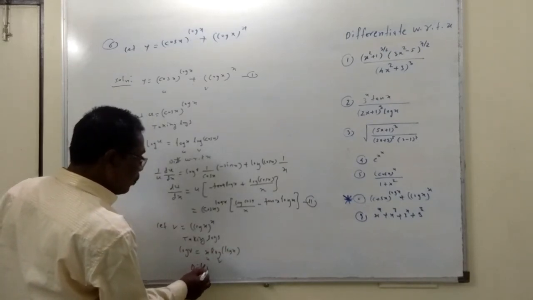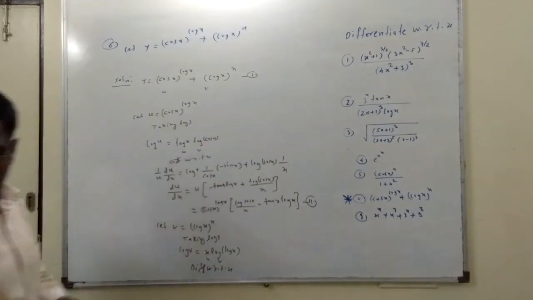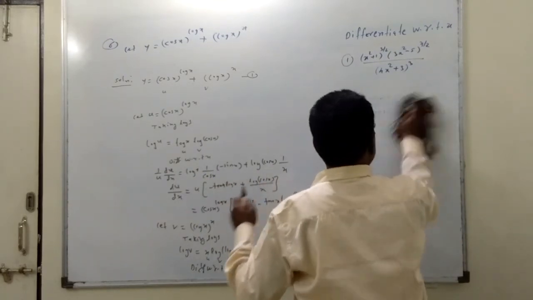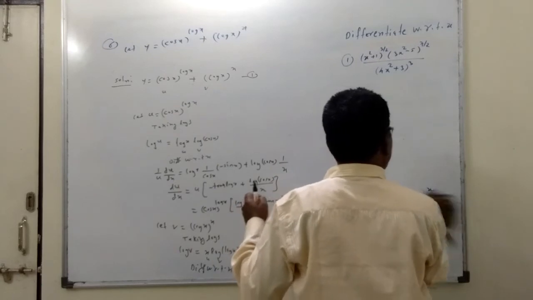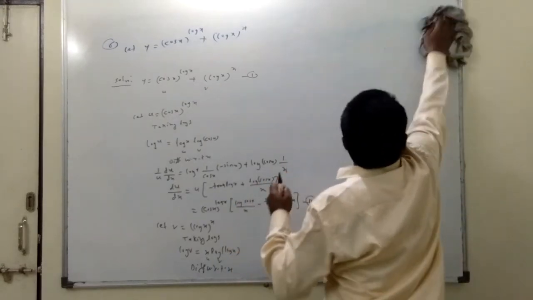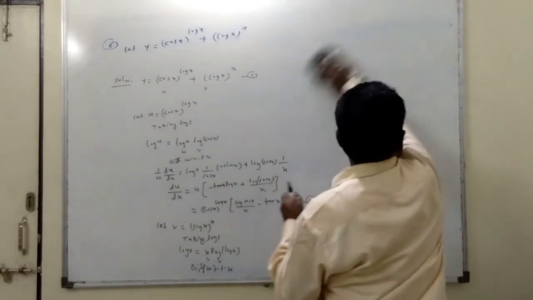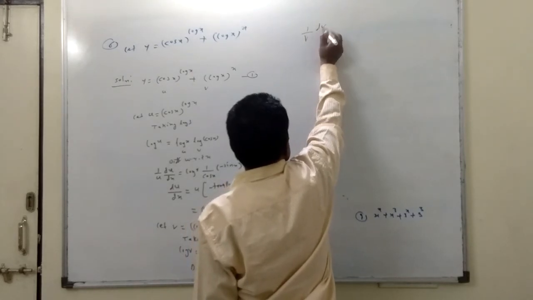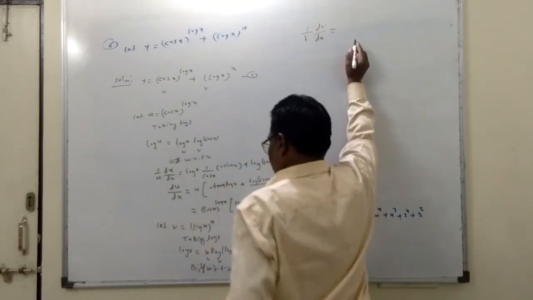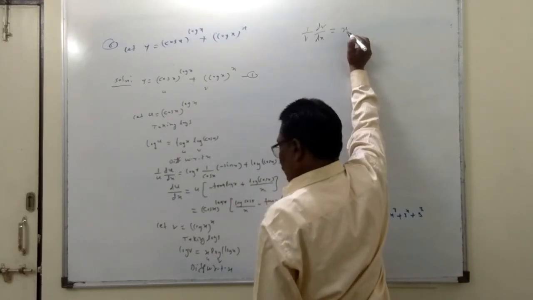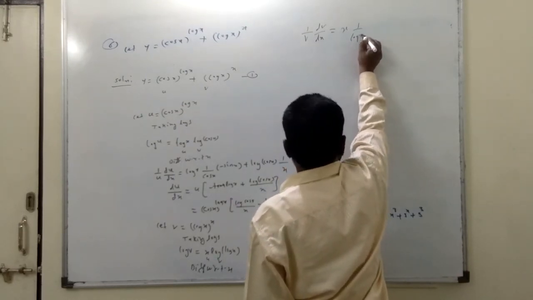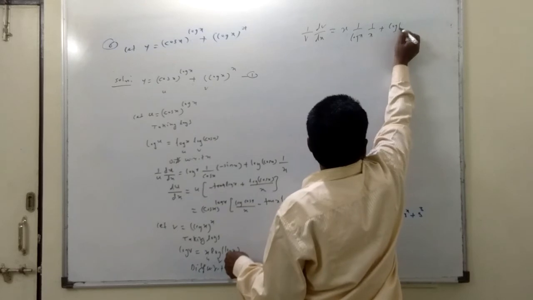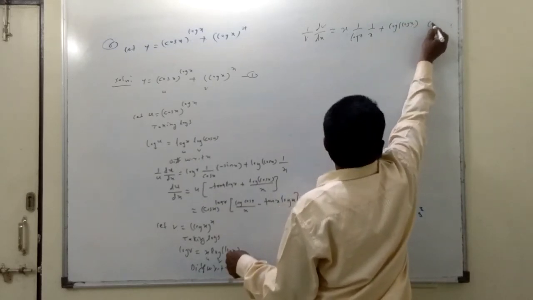Differentiating with respect to x: the derivative of log v is 1 upon v dv by dx, equal to x kept constant times the derivative of log, which is 1 upon log x, and the derivative of log x is 1 upon x, as it is a composite function, plus log of log x kept constant times the derivative of x, which is 1.